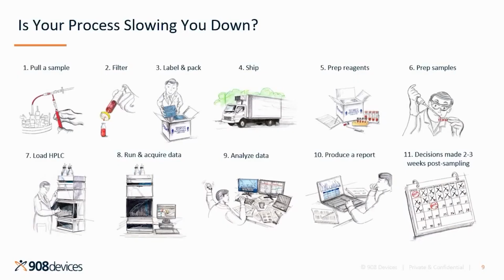After all samples are run and completed, raw data files are processed by the testing facility to produce reports. These reports of detected analytes and concentrations are delivered days to weeks after you initially pulled and shipped samples away. The lengthy delay eliminates any possibility for timely interventions based on what happened during a process on a biologically relevant timescale.